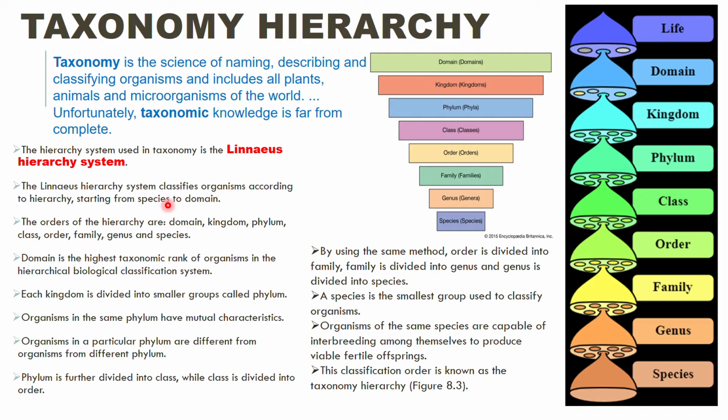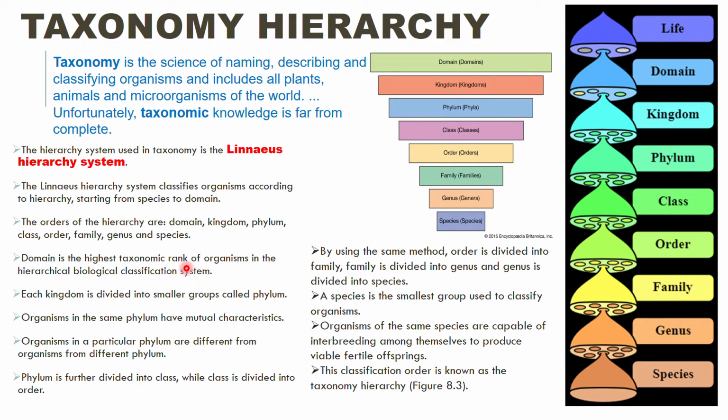Maksudnya daripada ada satu kedudukan, starting from species to domain. Jadi dalam kita punya syllabus, that's from here: species, genus, family, order, class, phylum, kingdom, dan kepada domain. So that means domain is the highest taxonomic rank of all the organisms.